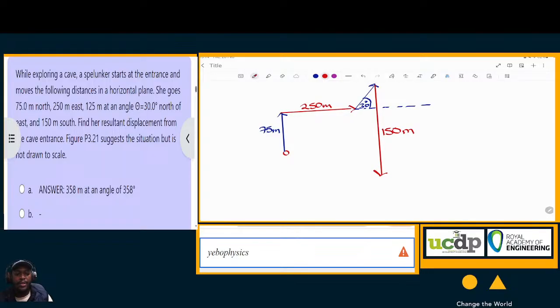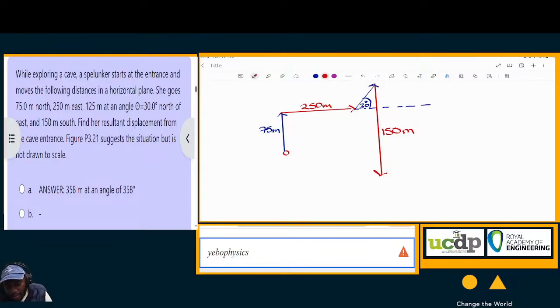So the question says, find the resultant displacement from the entrance of the cave. From here, we should now be able to find the resultant. And how do we do that? First, we have to deal with the displacement in the x direction and the displacement in the y direction.